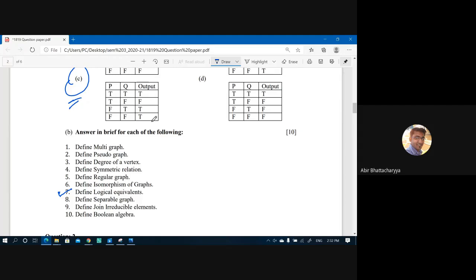Not exactly an identical truth table; you can say identical output, Gloria, because truth tables may not be the same, but the output will be equal.